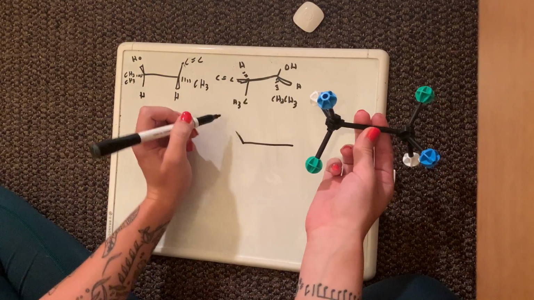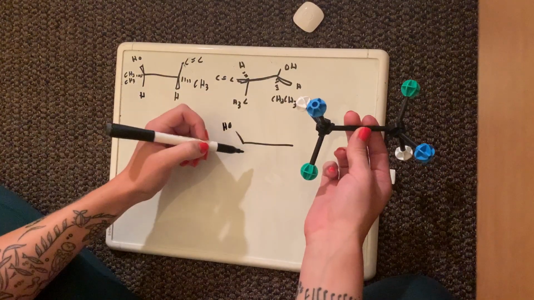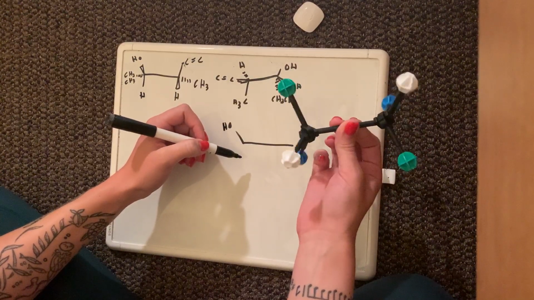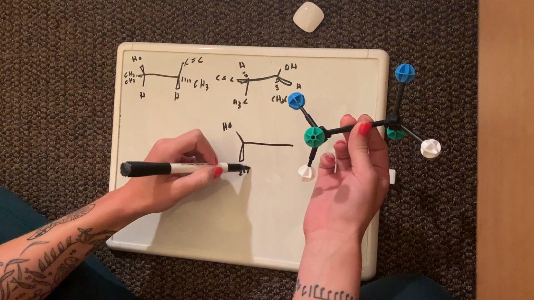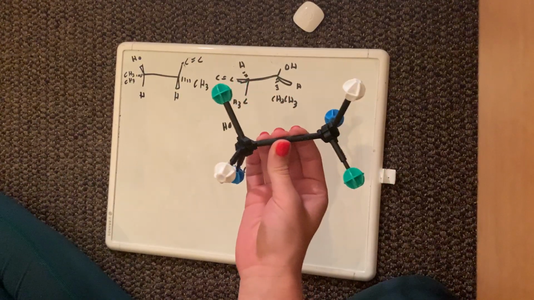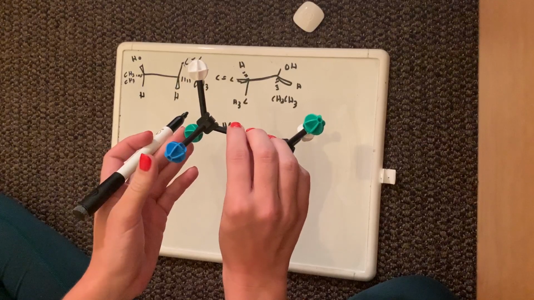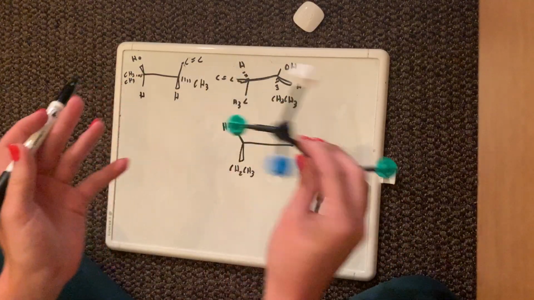So I know that over here, my OH is still going to be an OH. I know that my CH2 and CH3 will switch because whatever is in the front, this hydrogen, is going to go in the back, and then whatever's in the back is going to go in the front, like that.